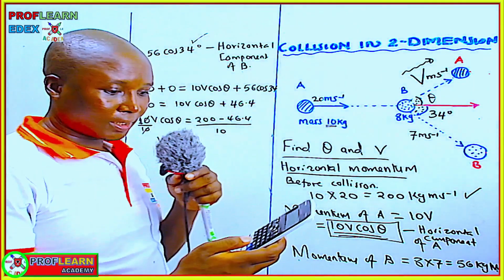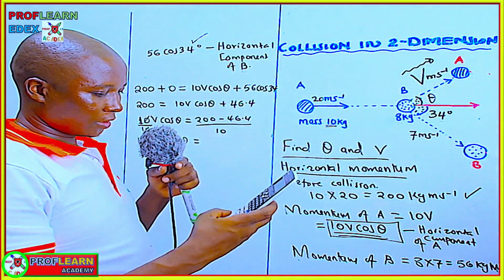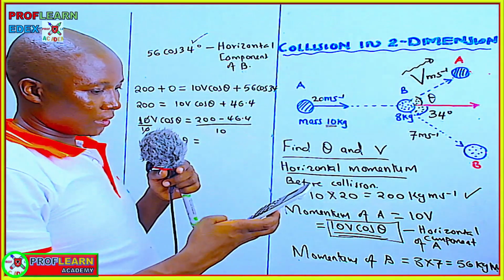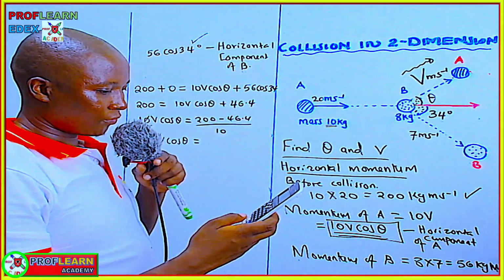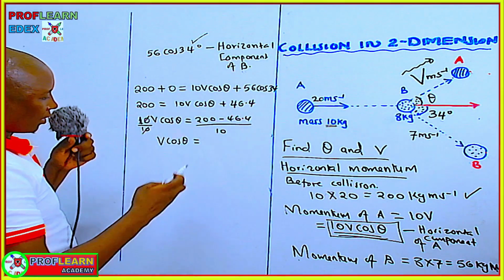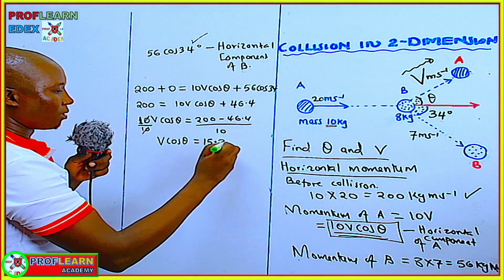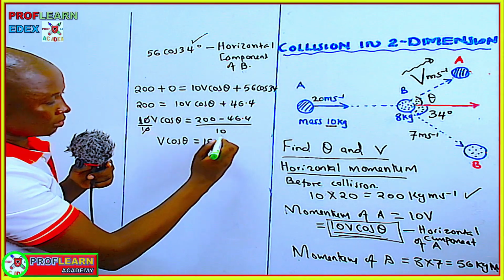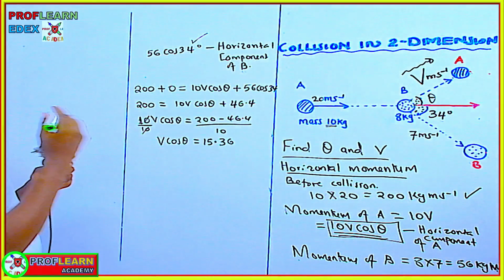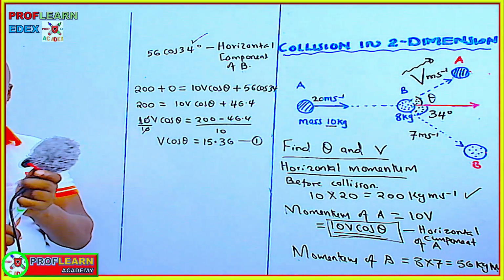We are going to put this in a calculator, and our answer translates to 15.36. So V cos theta equals 15.36, and we are going to call this our equation number 1.